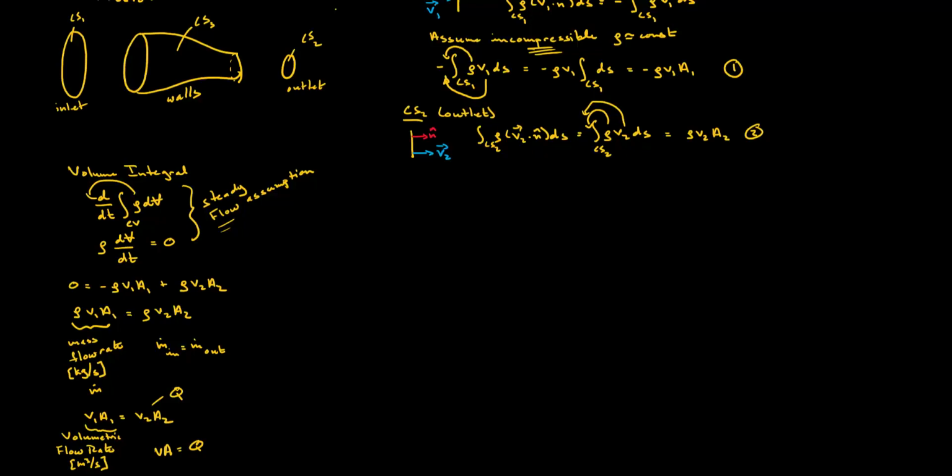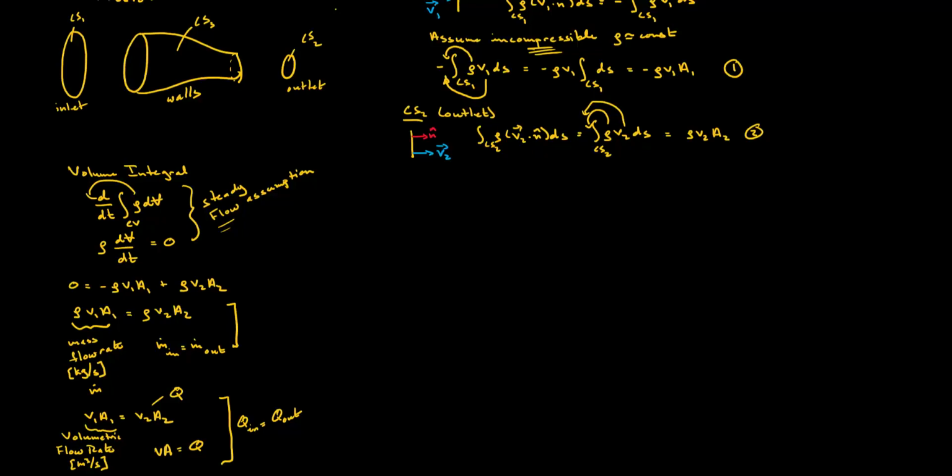For a steady flow, the mass flow rate in is equal to the mass flow rate out. Furthermore, for an incompressible flow, the volumetric flow rate, Q, remains constant as well. So Q in will be equal to Q out.